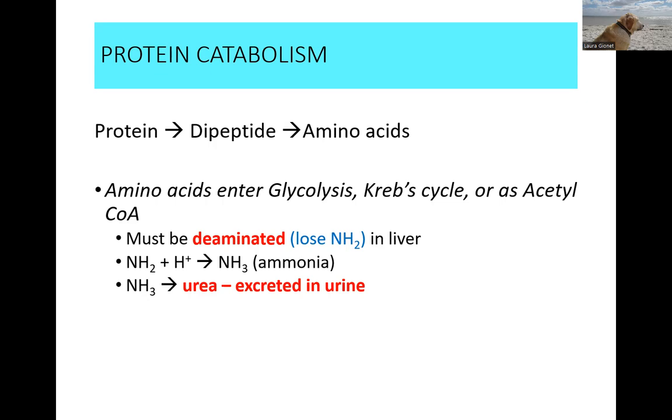These amino acids, if we're going to burn them, because we can burn protein clearly for energy, can enter either into glycolysis, the Krebs cycle, or as acetyl-CoA. Now, they must be deaminated. Remember, I don't know if you had me for AMP1, when we were looking at the models for amino acids, we said that one little unit had one blue ball associated with it, because proteins had blue balls.